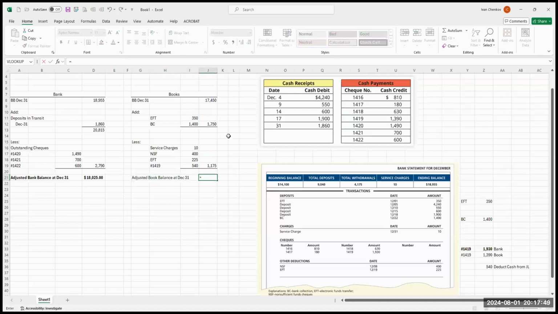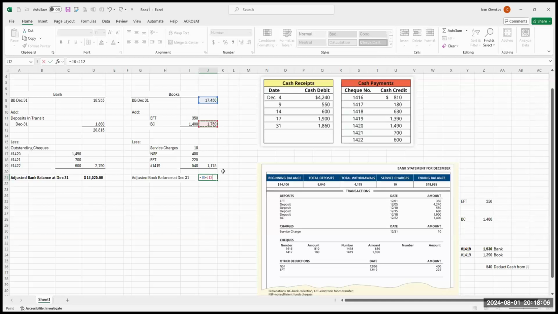We start with the beginning balance plus money coming into our bank account as an EFT and BC, whatever that is at this point. We're going to chase a little bit later what exactly is the nature of those two deposits.